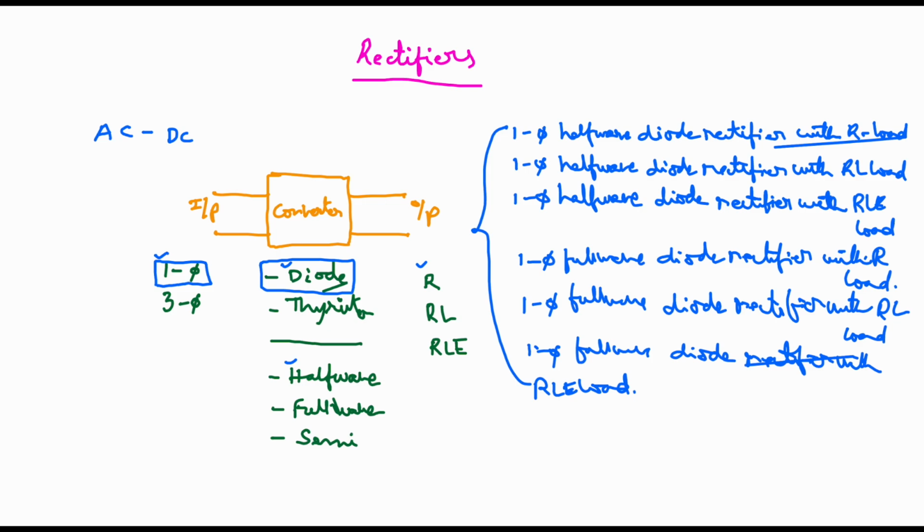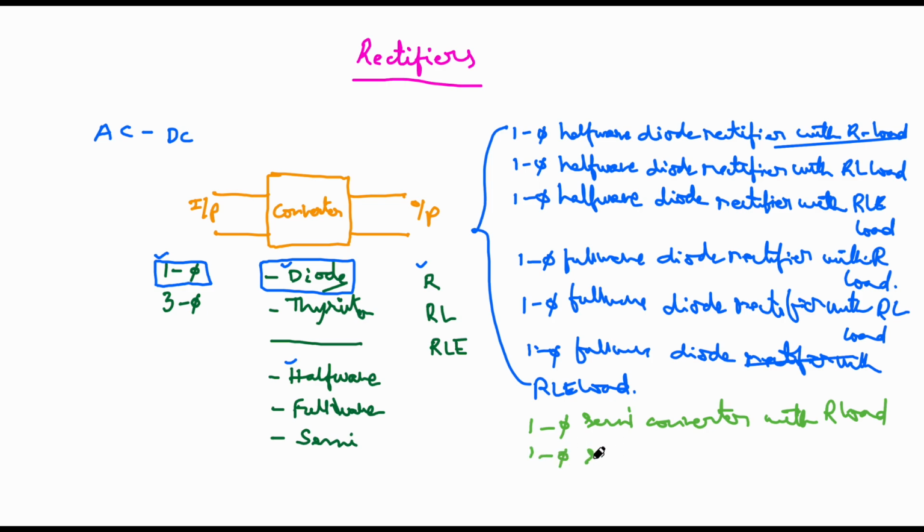You can see this is the thyristor one. Single phase semi converter means thyristor should be there. So no need to write thyristorized also. You can simply write semi converter with R load. Semi converter means it contains two thyristors and two diodes.